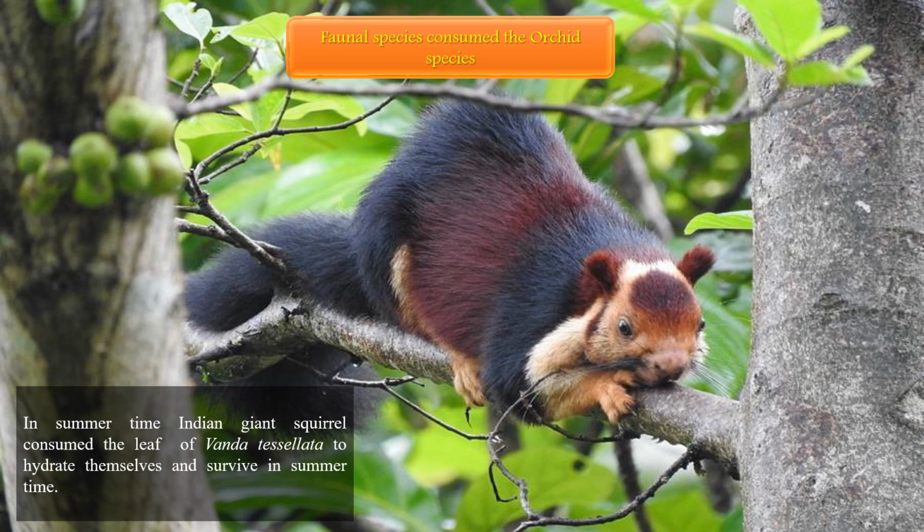So in summertime, I guess, the Indian giant squirrel consumes the leaves of Vanda tessellata to hydrate themselves and survive in summertime. So for faunal species like the Indian giant squirrel, the orchid species is also important.